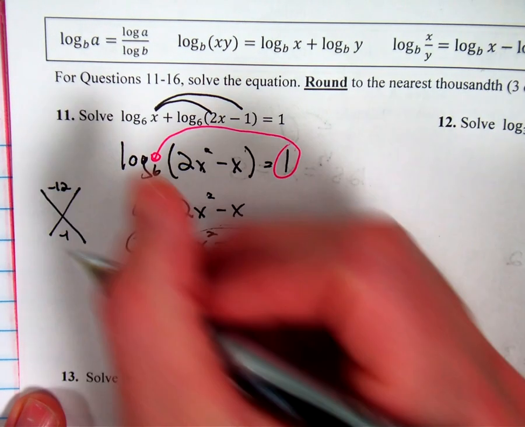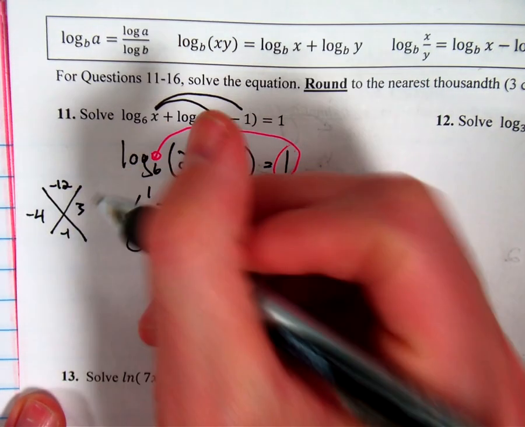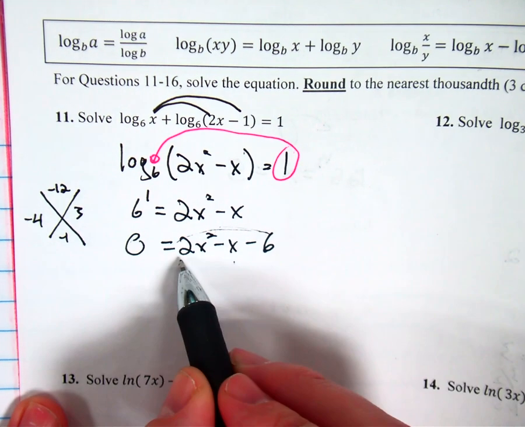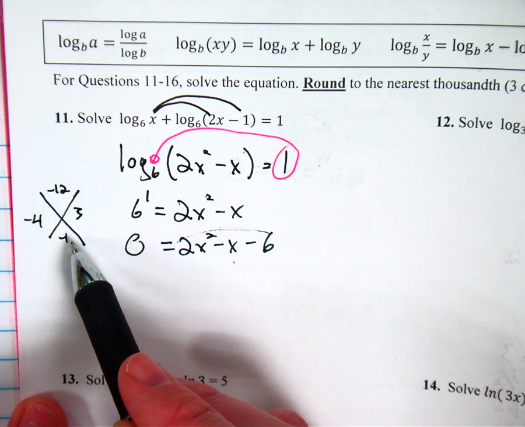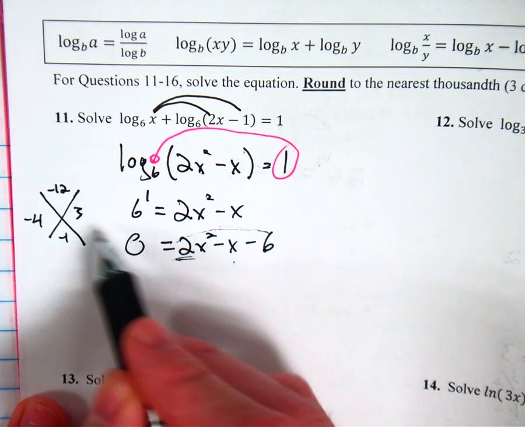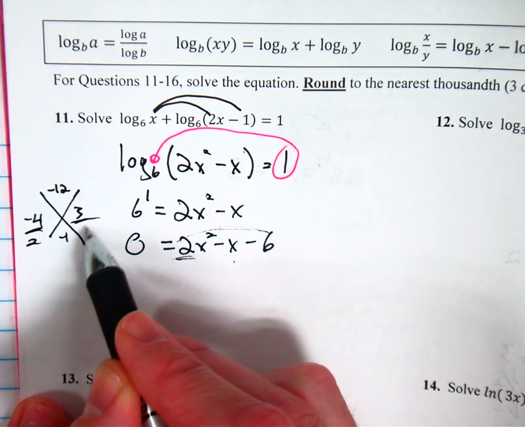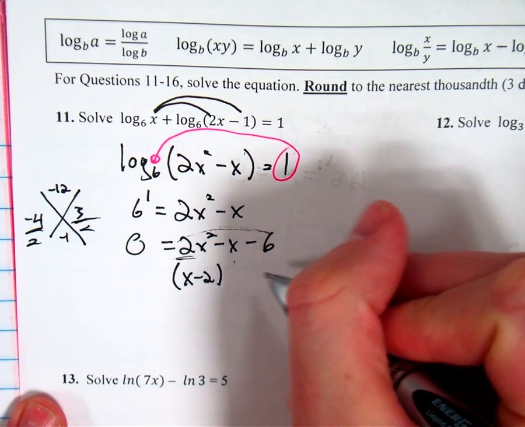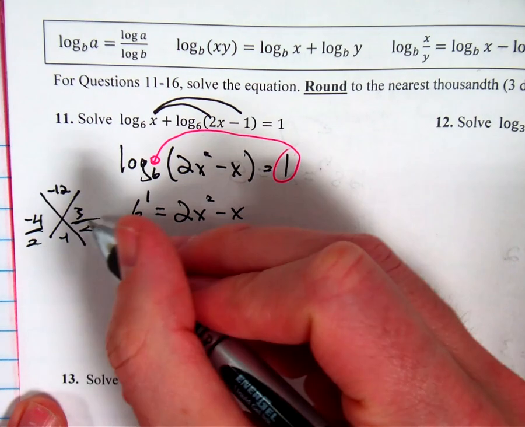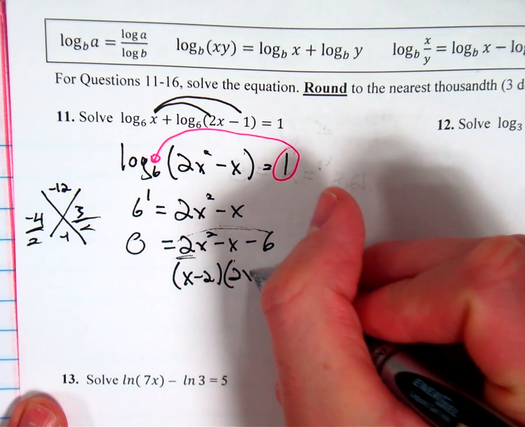We're going to go with negative 4, positive 3. That's going to multiply to negative 12 and add to negative 1. And now we do have to come back and divide by 2. X minus 2, and then bring that 2 up in front. 2x plus 3.